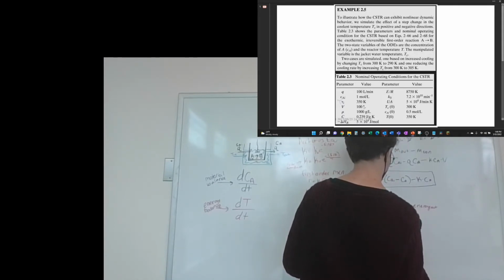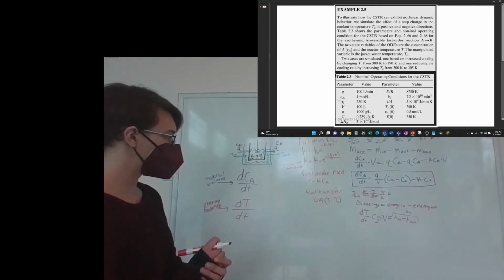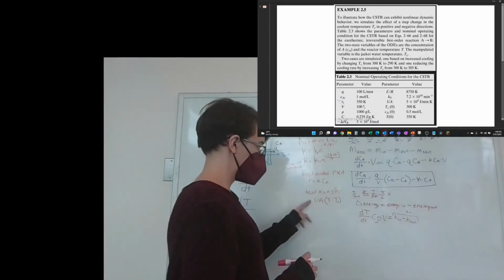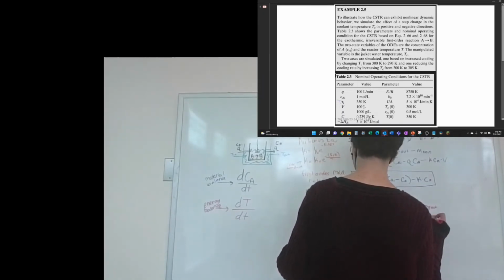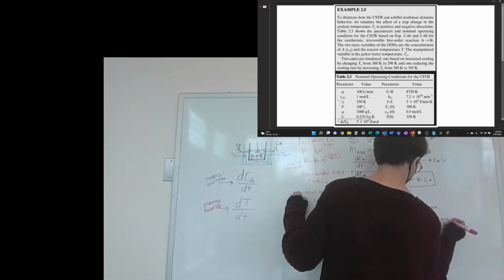And overall, that is a change in enthalpy. And the other way that the energy is going to change is going to be by this heat transfer that we've got. So you just put that on the end. So we have UA times temperature inside the tank minus temperature of coolant.